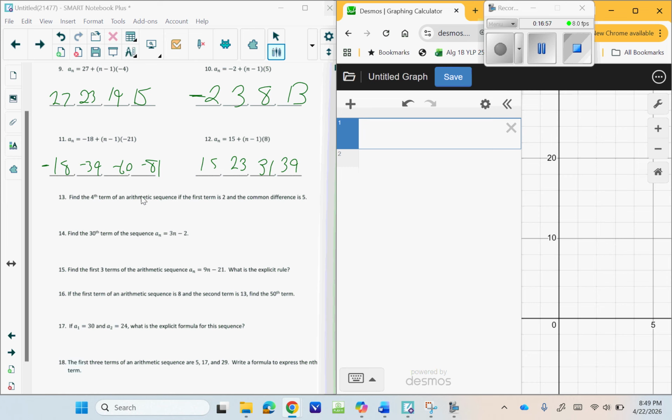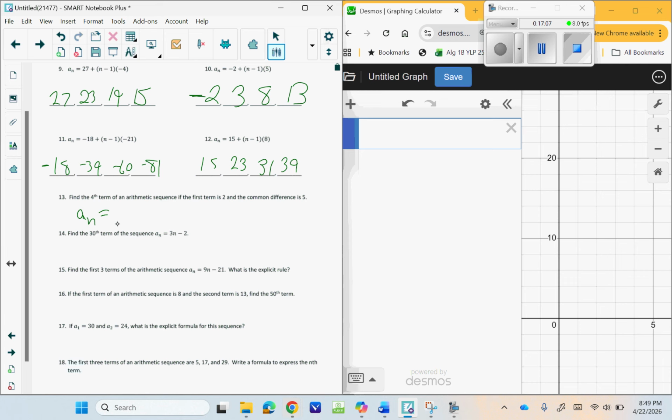Find the 4th term of an arithmetic sequence if the first term is 2 and the common difference is 5. Okay, so I'm going to say a sub n equals, first term is 2 and the common difference is 5. So it's going to look like that.